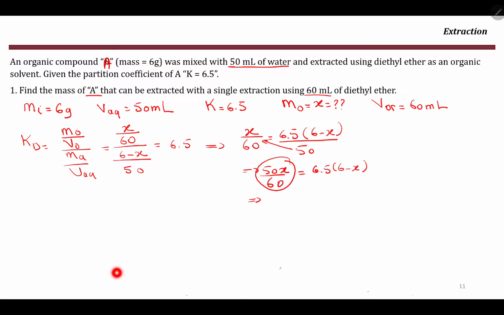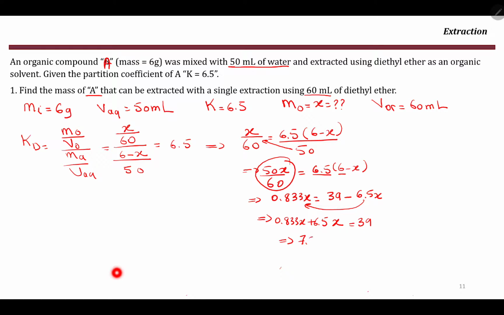If I want to simplify this, I will end up with 0.833x equals 39 minus 6.5x. Anyways, if you solve for x now, by moving this here, this will be 0.833x plus 6.5x equals 39.